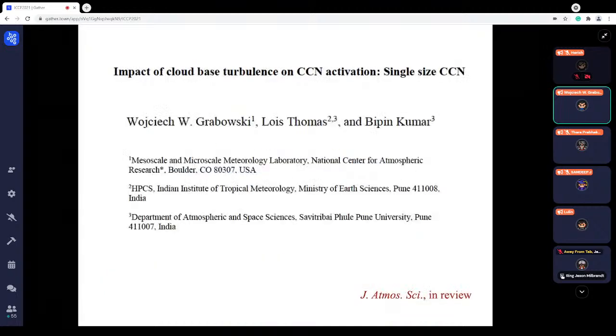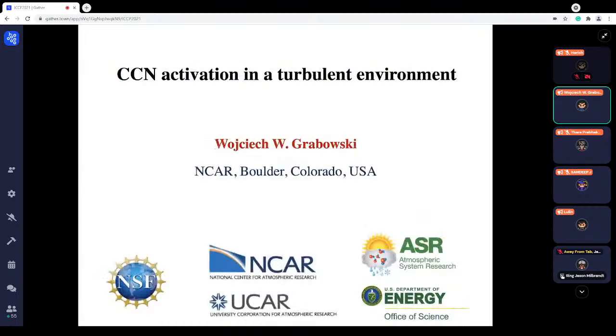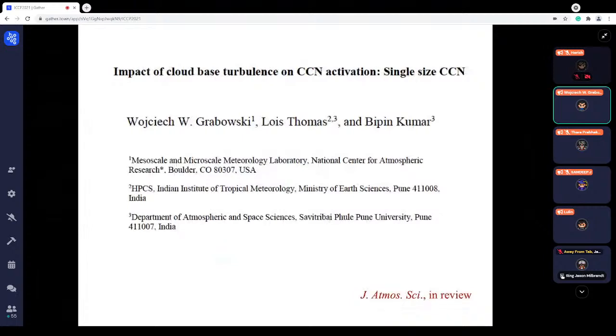Anyway, what I will be talking about is CCN activation in a little bit different way than we've been thinking about it for decades, close to 100 years, I guess. This is a paper that is in review, and it's the first part of the work that we've been doing with Lois and with Bipin.